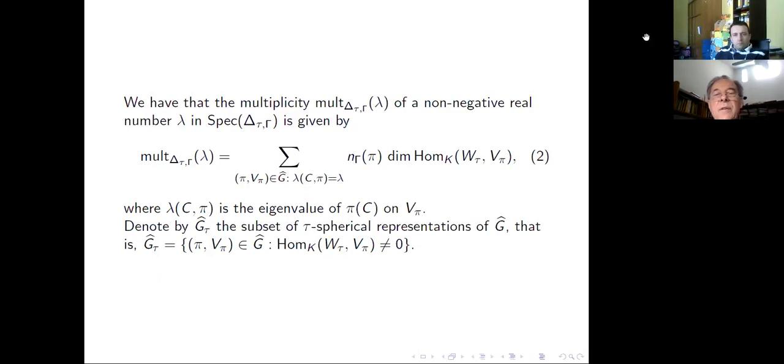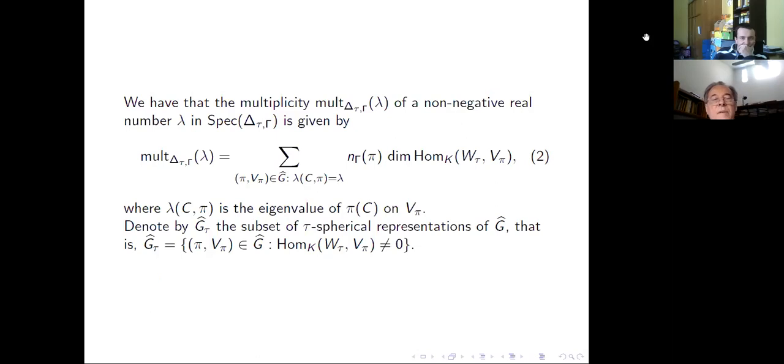And it is given as a sum of n gamma of pi times the dimension of Hom_K(W tau, V pi). Pi is a representation of G and tau is a representation of K. And we sum over the representations pi such that the Casimir eigenvalue is lambda.